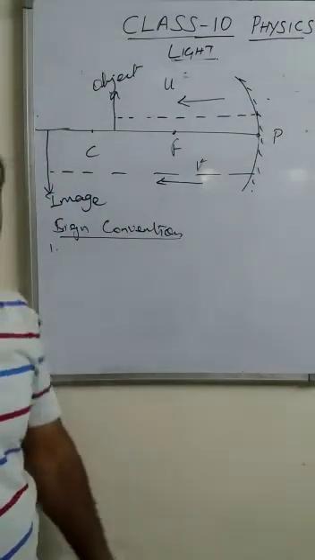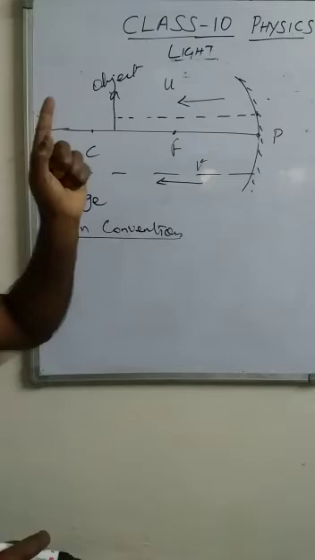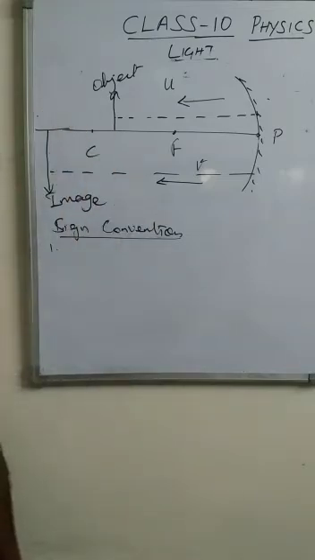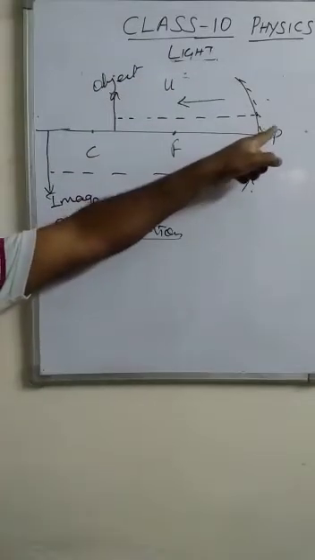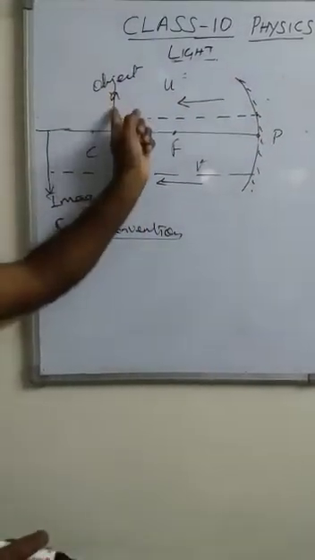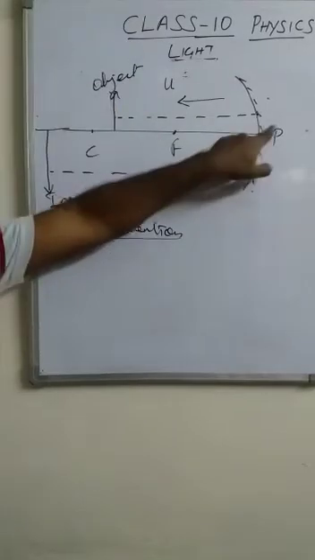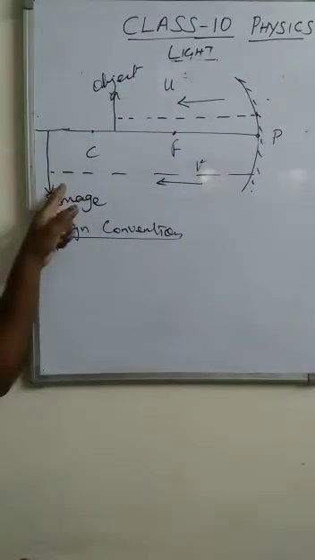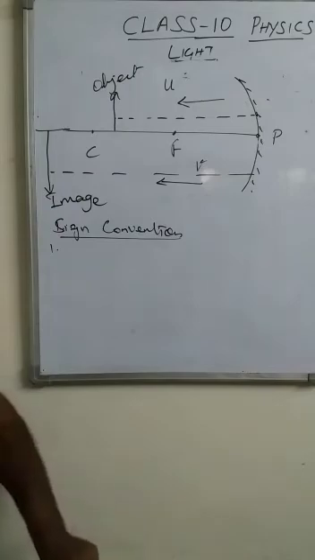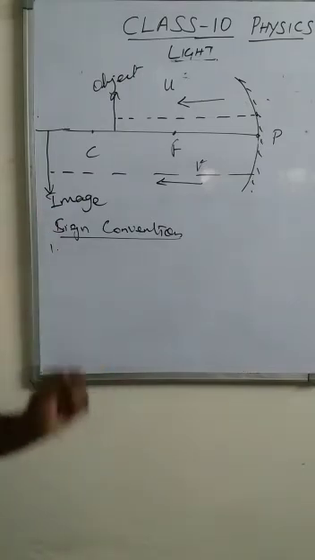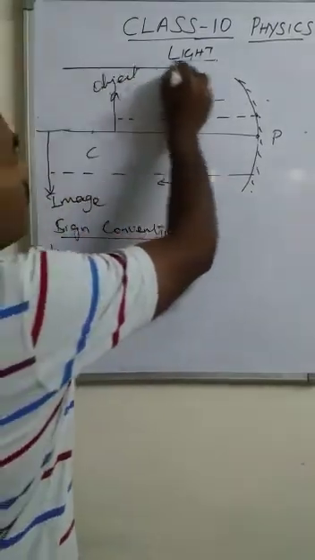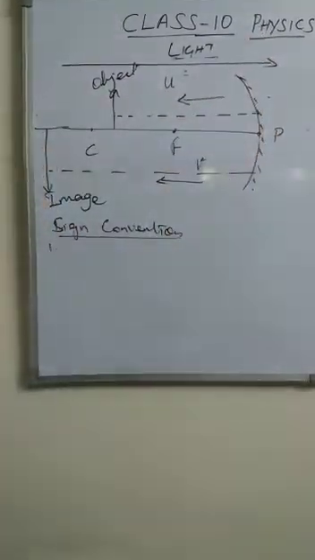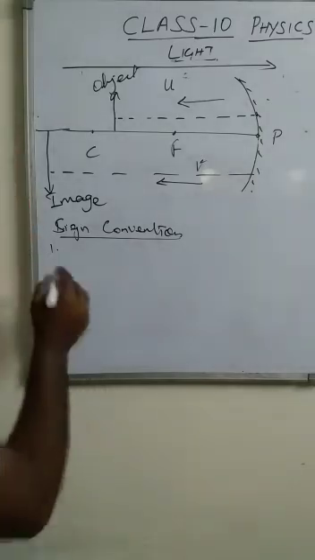In this image formation, we must know the light rays are coming from the object towards the mirror, reflected and forming the image. So from the object the light rays are traveling towards the mirror, from left to right. Here is the second convention.